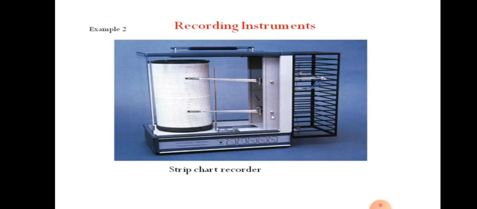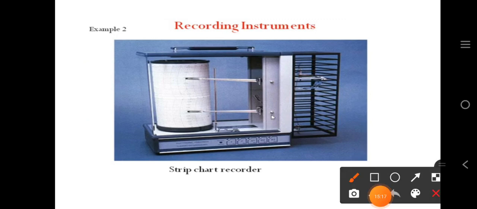Then here is another example of recording instrument, the strip chart recorder. Here you can see on the left side there is a roll of paper, and this is the instrument. These two pointers fluctuate according to the reading of the physical quantity, and at this point the pointer releases some ink, which prepares a graph on this paper, and the roll is continuously rolled from right to left.